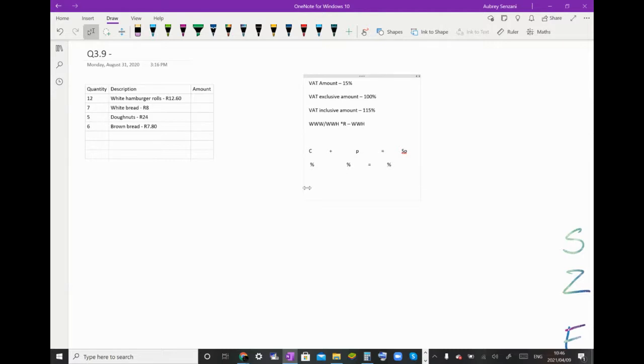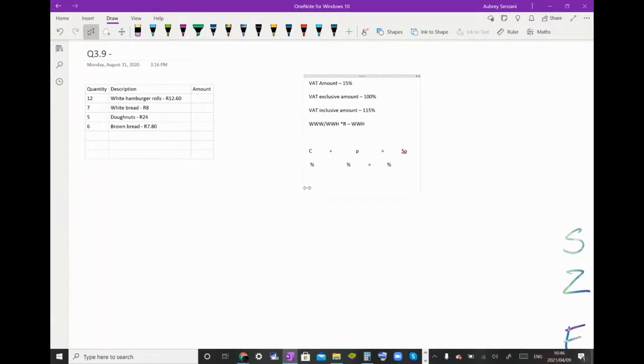Then we have VAT, which is an indirect tax that is charged to customers by a VAT vendor on certain goods and services. That is what VAT is.